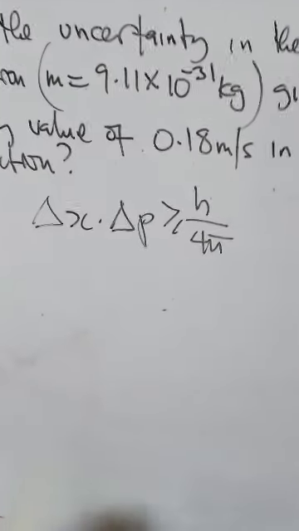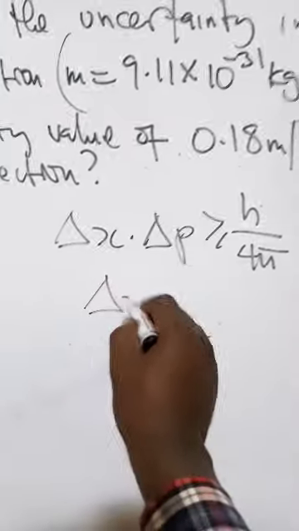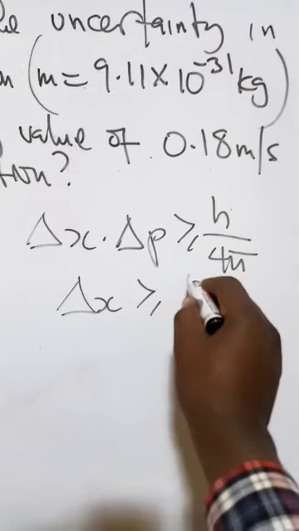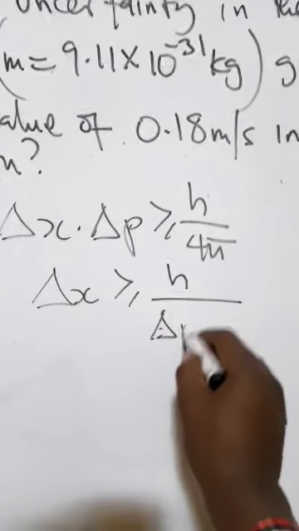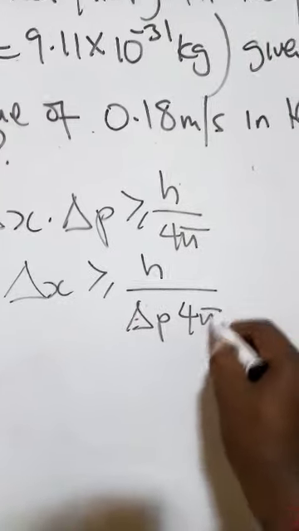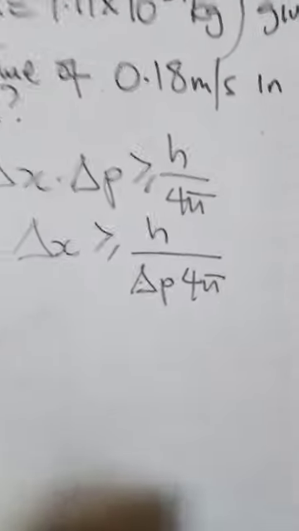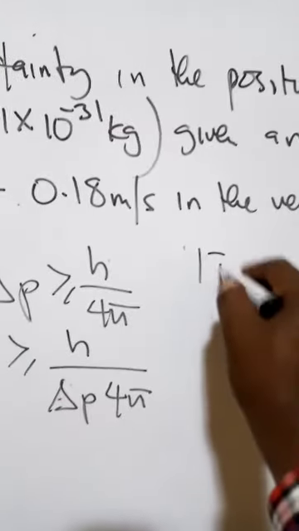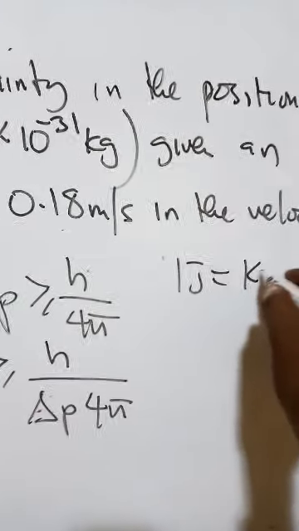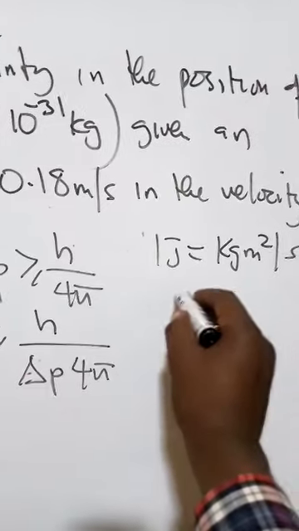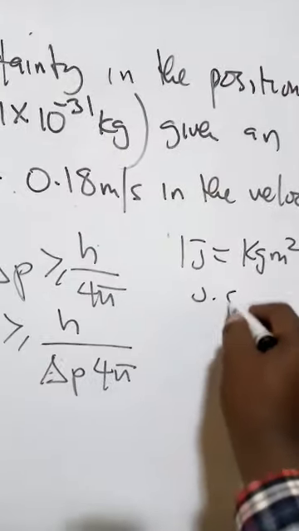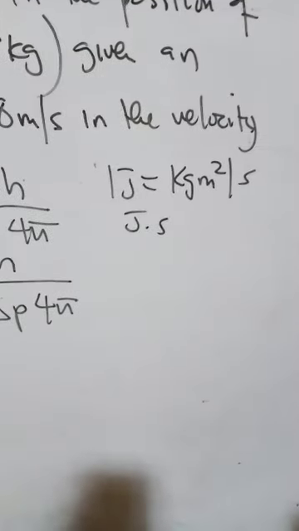Then we can make delta x the subject: delta x is greater than or equal to h over delta p 4 pi. Then now we know that 1 joule is equal to 1 kg meter squared per second squared. So now we know that Planck's constant normally is given in joule seconds.